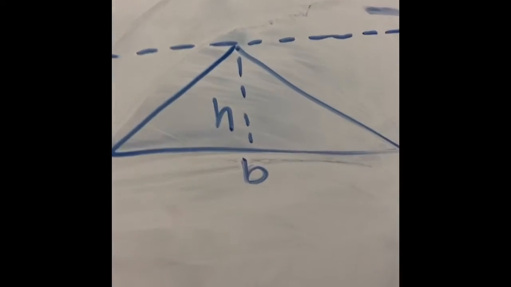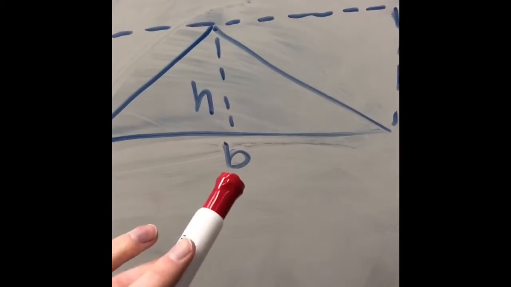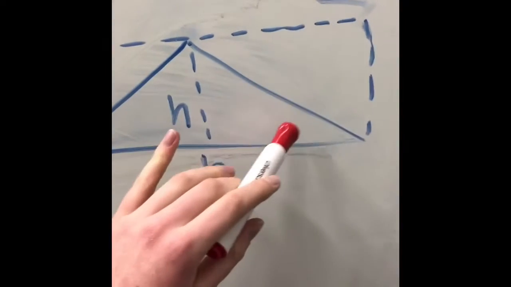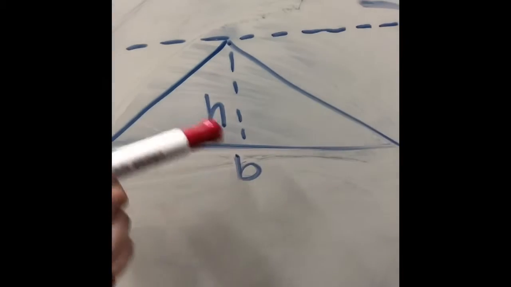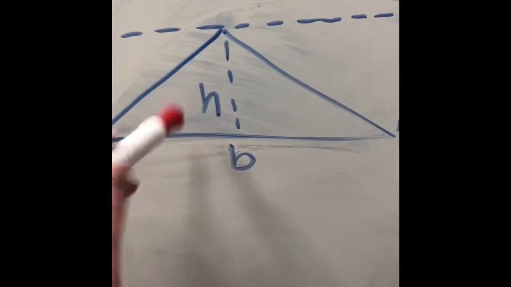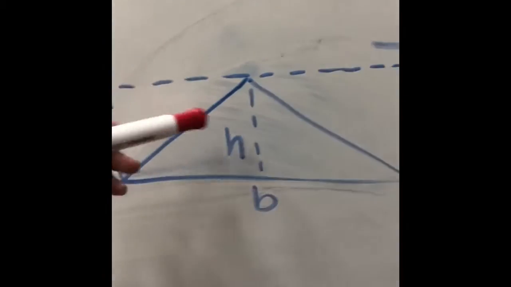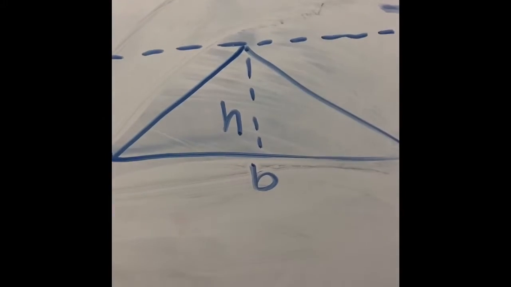And why do we want to show that this is 1/2 base times height? Well, as you can see, the triangles that we added are half of this rectangle. We noticed that the height never changed and the base never changed. All we added here was this and this, and the height and the base are still the same.